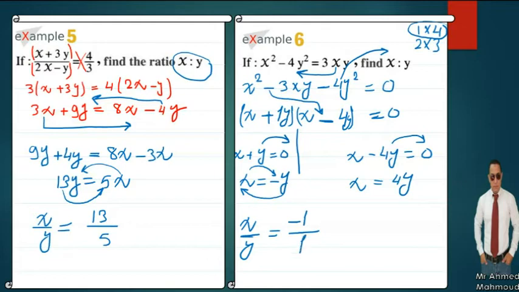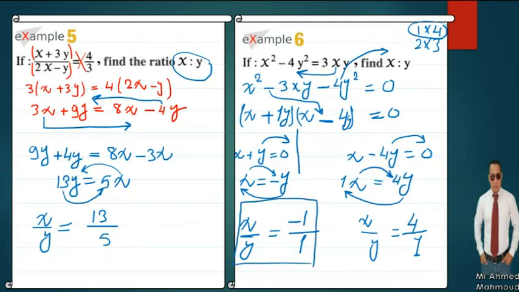And here x over y equals 4 over 1. Now I have two ratios, x over y equals negative 1 over 1 and x over y equals 4 over 1.